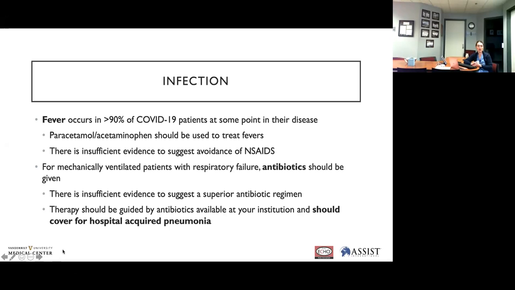So as of now, it's fine to use NSAIDs to treat these patients as well. For mechanically ventilated patients with concurrent respiratory failure, antibiotics should be given. There's no evidence to suggest a superior antibiotic regimen, and this should really be guided by your institution. The antibiotics you use should definitely cover for hospital-acquired pneumonia. Go ahead and advance the slide.